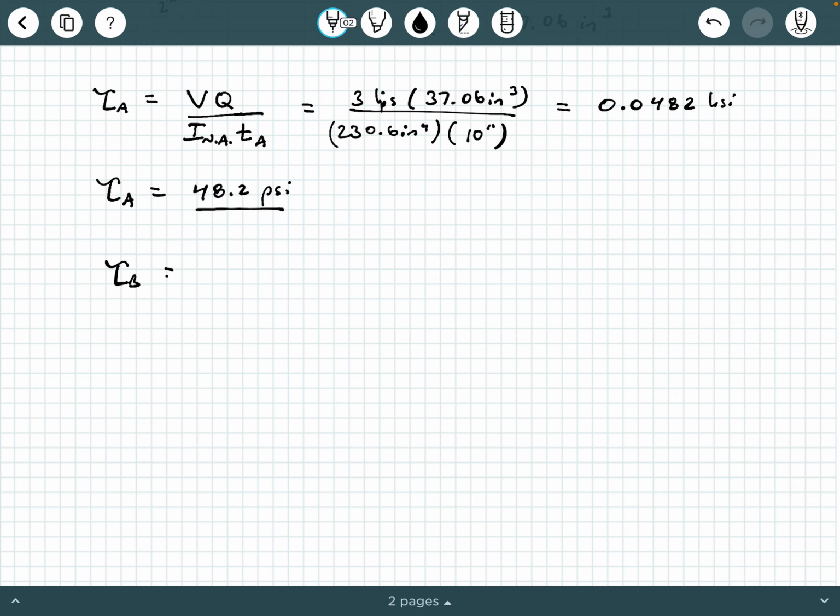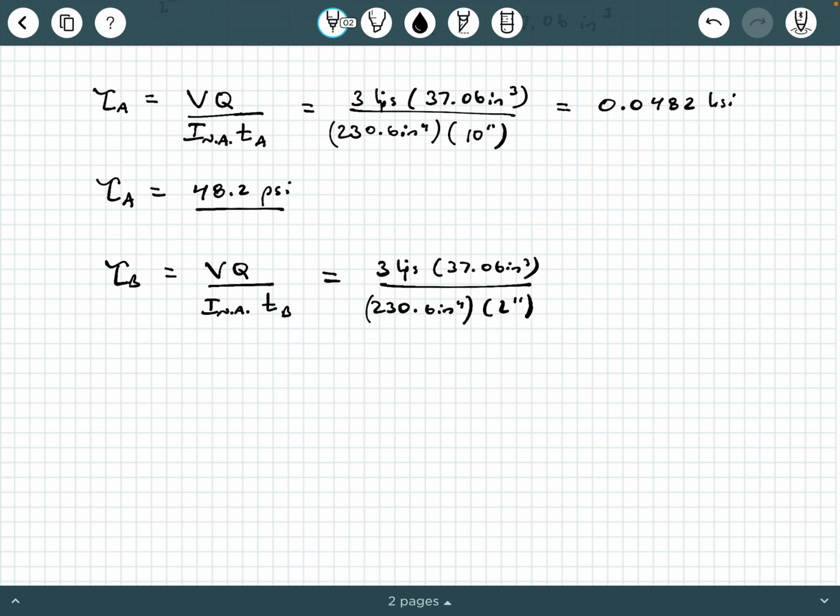We can also get tau B as VQ over I about the neutral axis times T sub B. And so we get 3 kips times 37.06 inches cubed divided by the same moment of inertia, 230.6 inches to the fourth, but times a 2-inch thickness because we're in the web here.